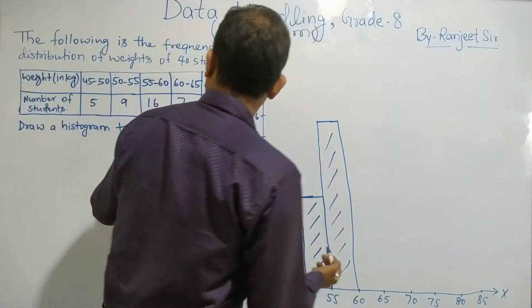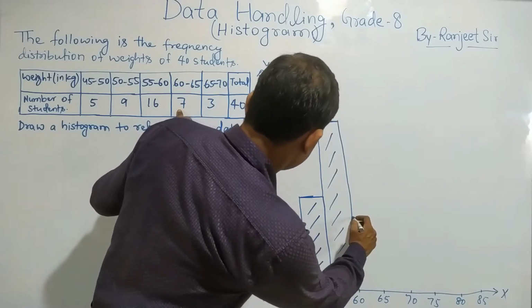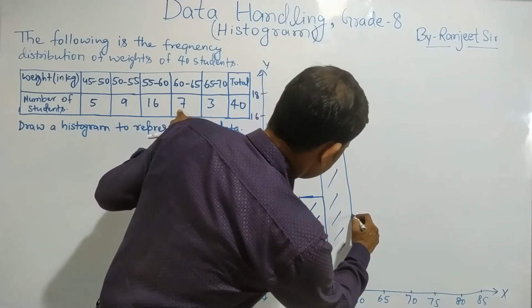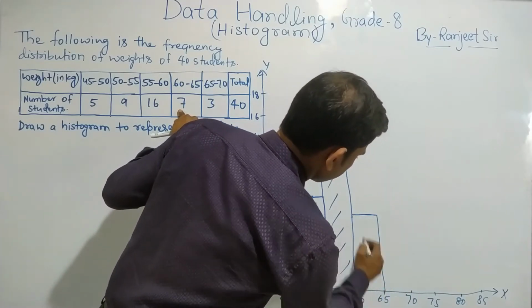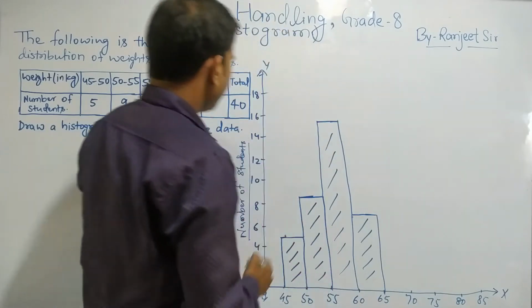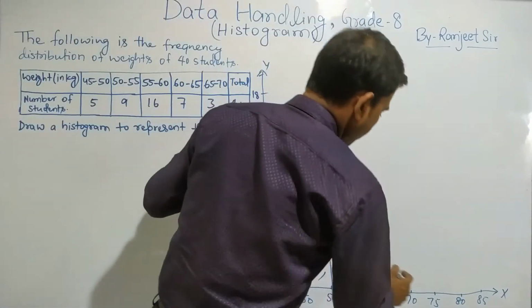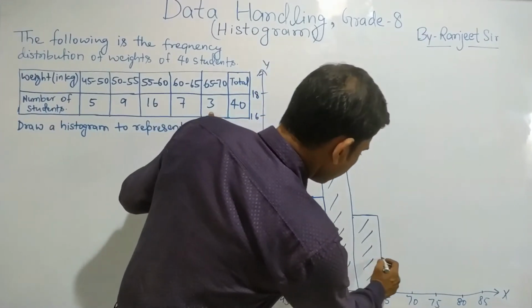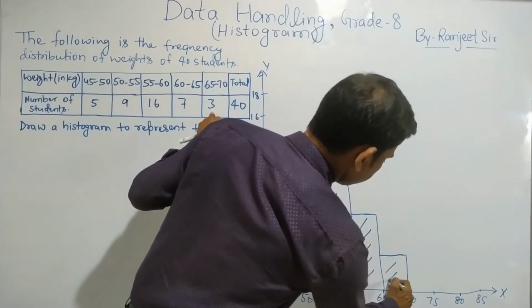For that we need to represent 7. So 7 will be just in the middle of 6 and 8, so you just do like this. Now 65 to 70, it is 3. So 3 will be between 2 and 4, and will be like this only.